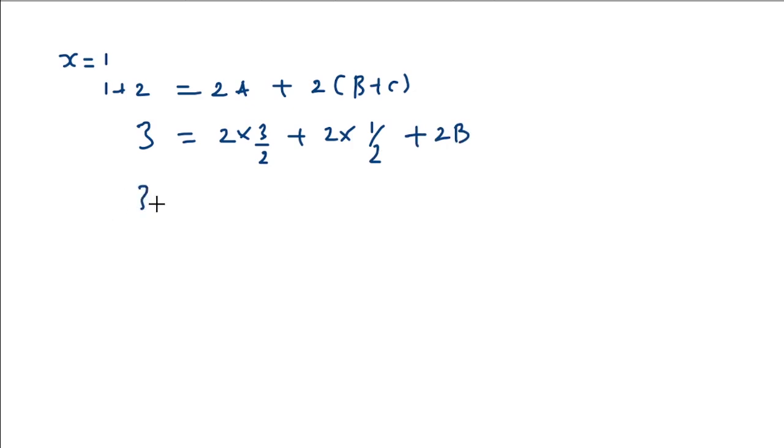So this is 3 equaling to 3 plus 1 plus 2b. So 2b will be equal to 3 minus 4, which gives -1, so giving me my b as -1/2.